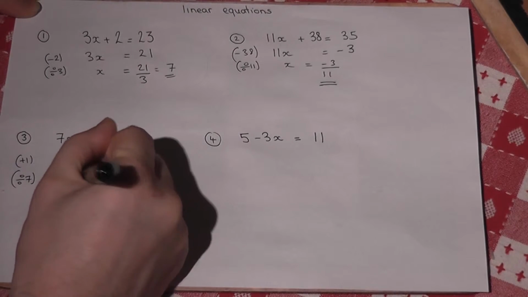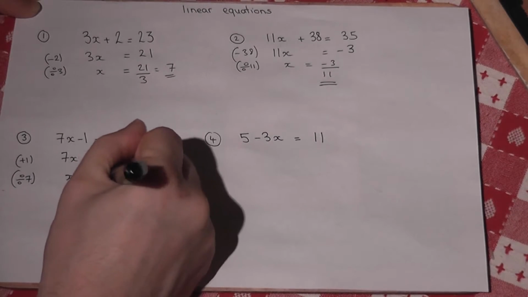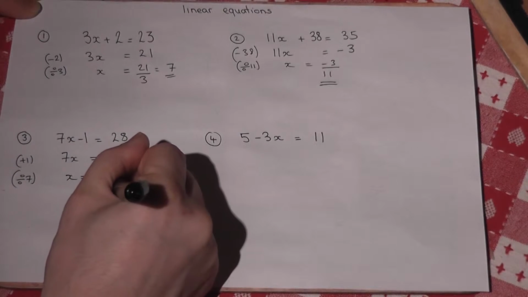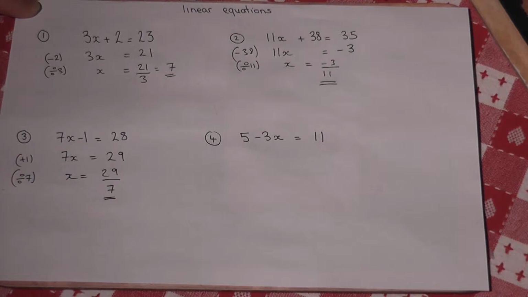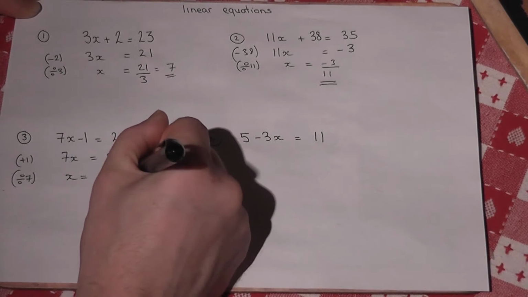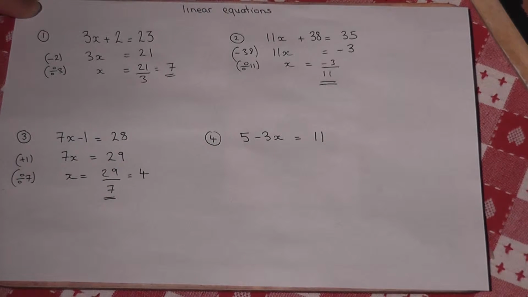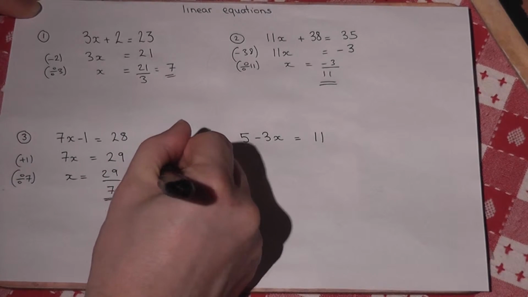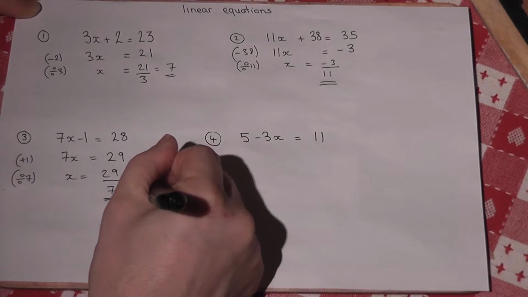So x equals 29 divided by 7, a top heavy fraction, which you could, if you wanted, write as a mixed number. There are 4 7s in 29, remainder 1, 4 and 1 7th.